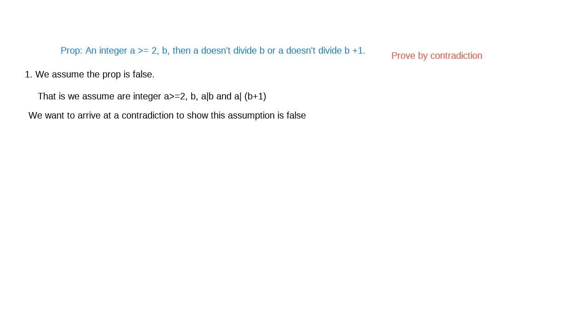So we want to use this assumption to derive a contradiction. And because there's a contradiction, the assumption must be false. And since our assumption is false, the proposition is true, because our assumption says the proposition is false. Does this make sense? Anybody have any questions so far?